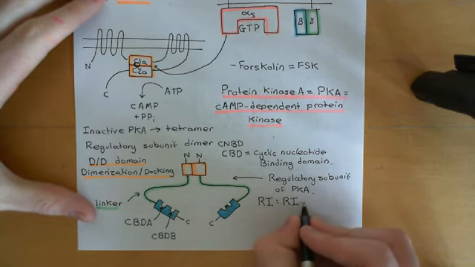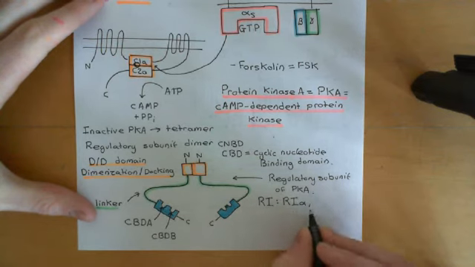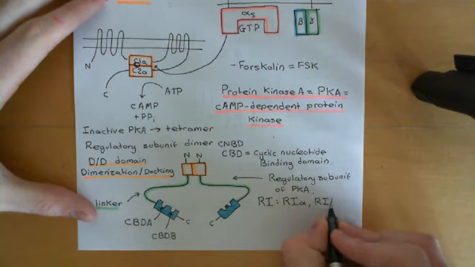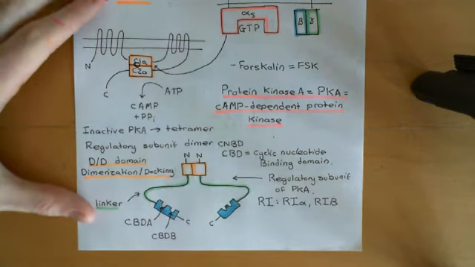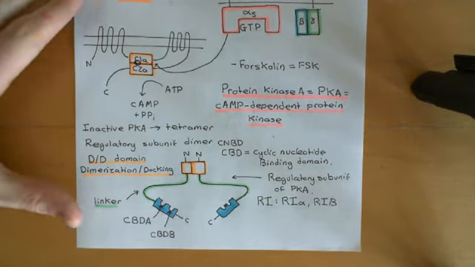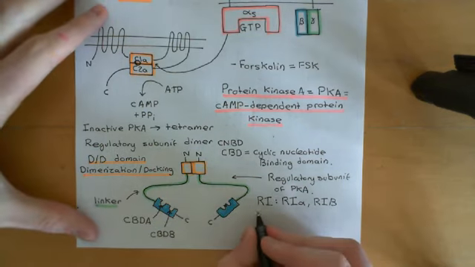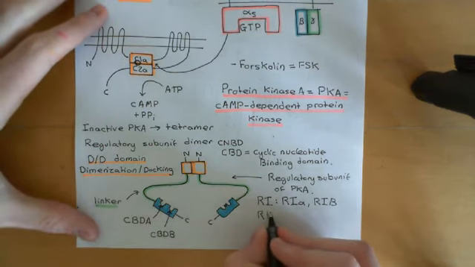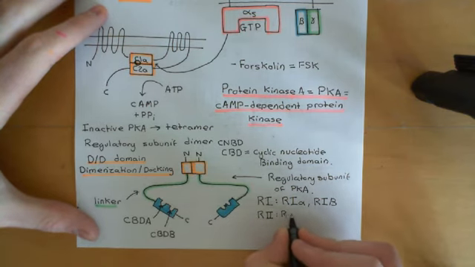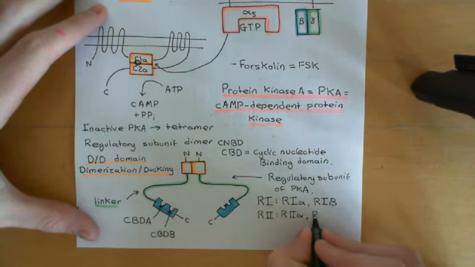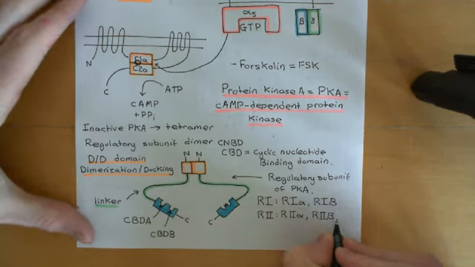There's the R1 alpha, and then there is the type 1 regulatory subunit of protein kinase A beta, R1 beta. Then there are also type 2 regulatory subunits of protein kinase A, and there are 2 of these as well. There is the type 2 regulatory subunit alpha, and then there is also the type 2 regulatory subunit beta.